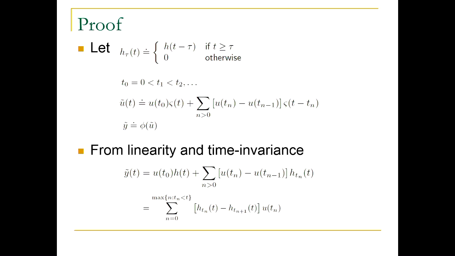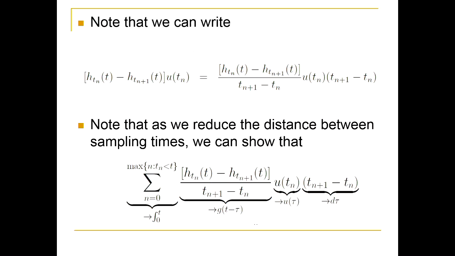So if you rewrite this equation in this way, what you can do is the following. I can multiply and divide this equation by Tn plus 1 minus Tn. Why am I doing this? Since I'm dividing this thing by Tn plus 1 minus Tn, I'm getting something here that looks very similar to a derivative of a function.